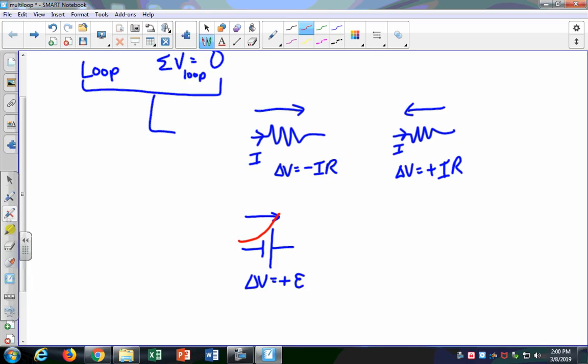Chugga, chugga, chugga, chugga. Like they're going up to a higher potential energy. And then if I'm going in a battery from high to low, in this case, my electrons decrease in potential energy. So delta V is equal to negative of the EMF.